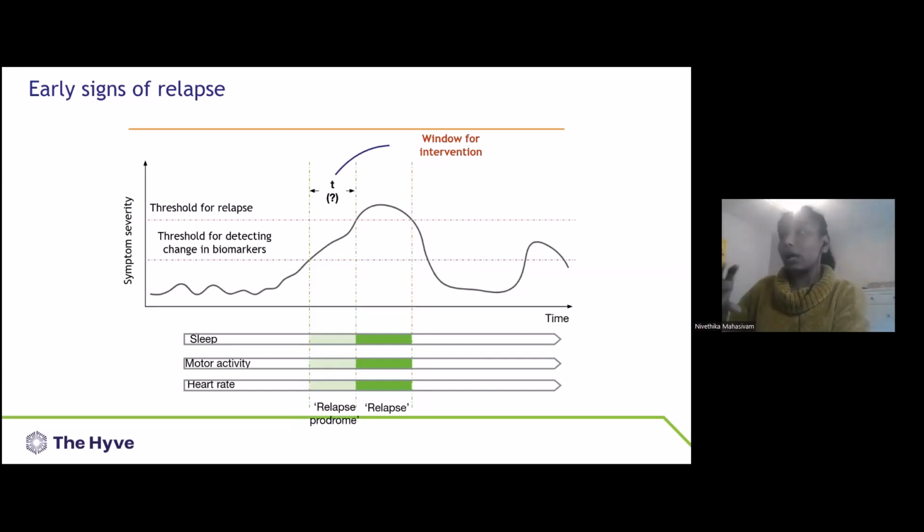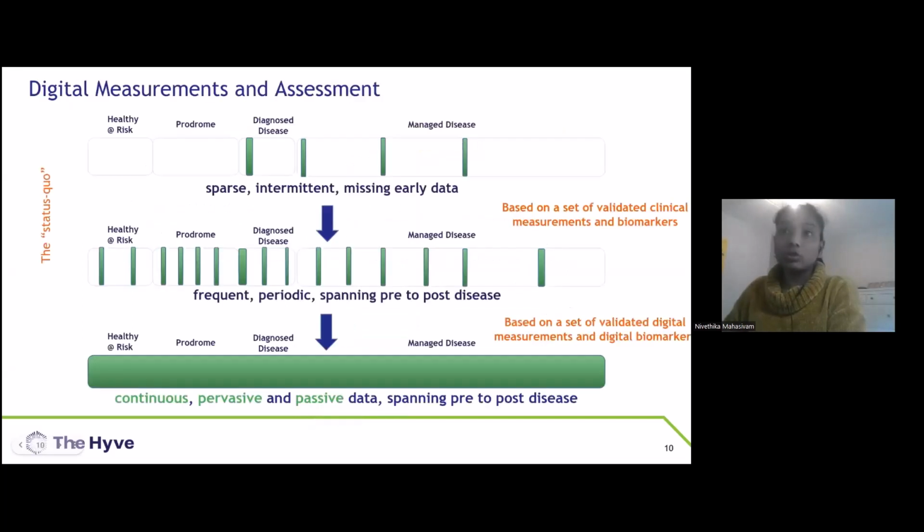And if you have a continuous measurement, can you infer a relapse that's going to happen? And by inferring, can you do something to prevent this relapse from happening? So these are the motivations for such programs to measure more continuous and pervasive passive data collection.